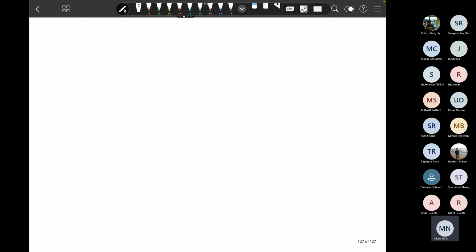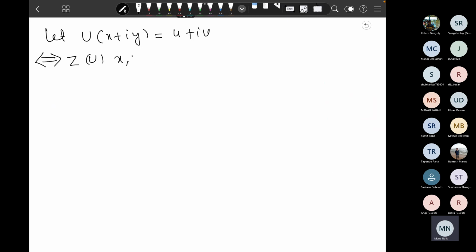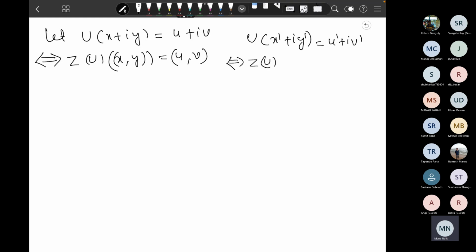Now I told you, let U of x plus iy be equal to say u plus iv. That is equivalent to saying that ZU applied on xy is equal to uv. And similarly, let U of x prime plus iy prime be equal to say u prime plus iv prime. That is equivalent to saying that ZU of x prime y prime is u prime v prime.